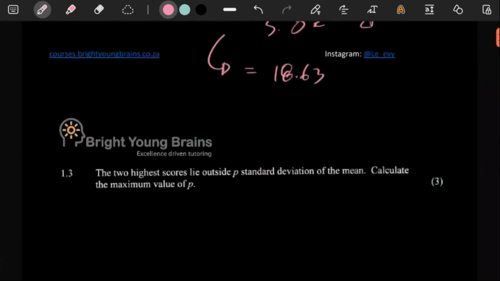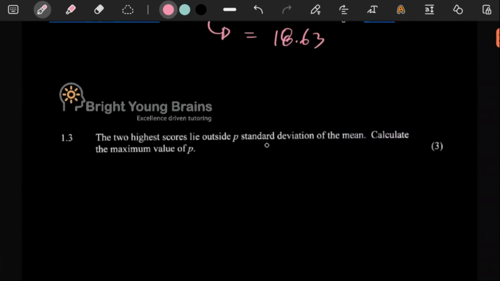Yeah, this is quite an interesting question. The two highest numbers lie outside 2 standard deviations of the mean. So what we know is if you take the mean and you add a certain number of standard deviations, we're going to get an answer, right?